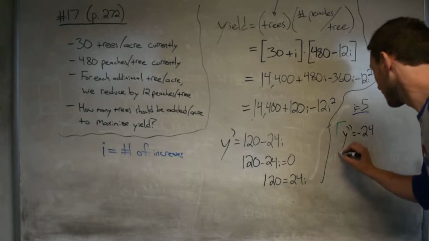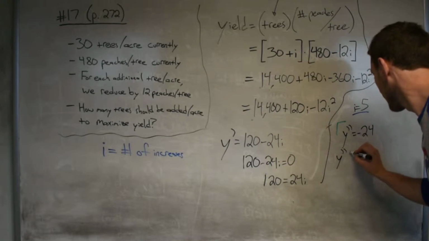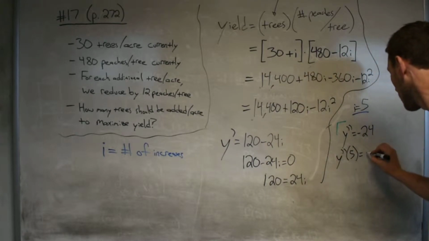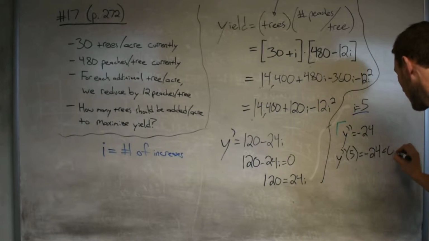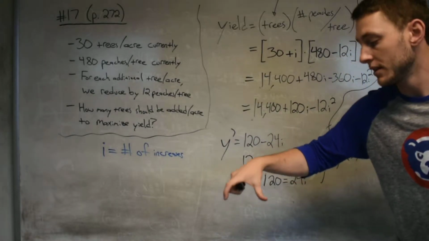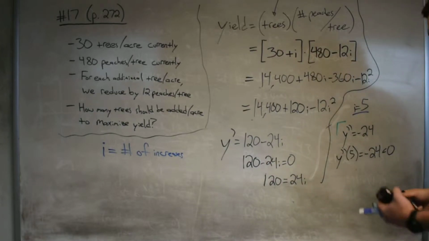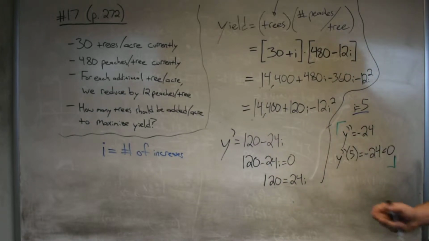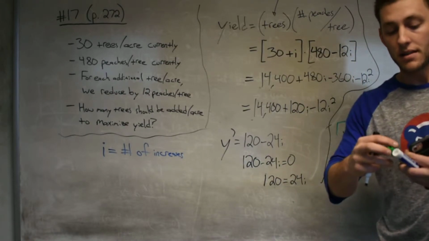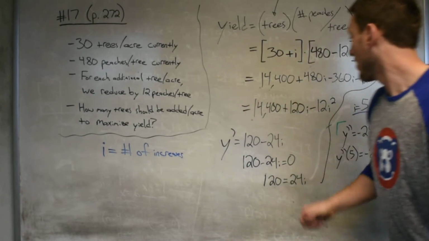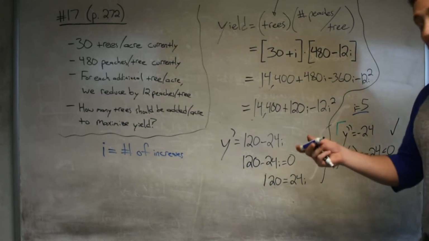So that means when we plug in 5, we're getting a negative number. You're concave down, meaning you really have a maximum. So this thing right here is just a big check mark. So that tells me now that if I increase by 5, I truly do end up at a maximum.